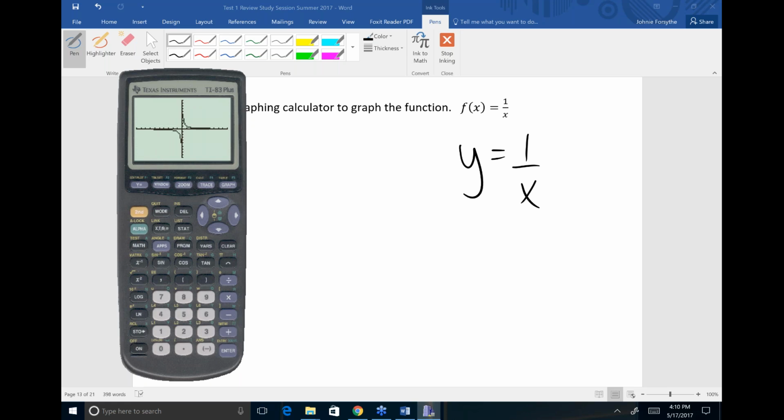Depending on where your window is or how the window looks, you may see your graph. If you can't see your graph, but you know you put it in there correctly, the best way to get the window to fit how you want to view your graph would be to say zoom and then standard. So you could say zoom 6, or you could scroll down to that option.